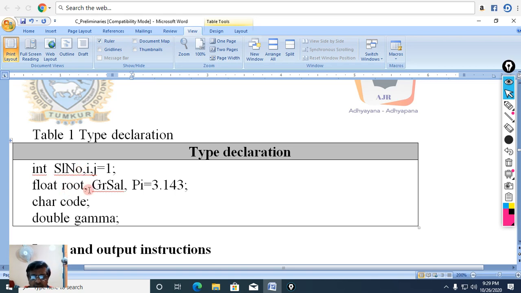Float root, gross salary, pi equal to 3.143. These are float kind of variables. Character code is a variable of character type. It can hold only one character constant, double gamma.